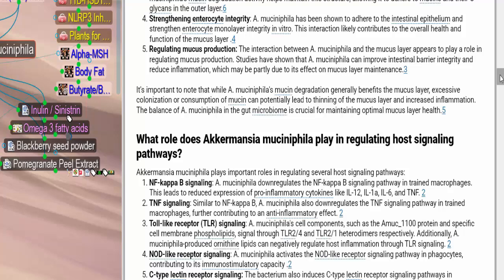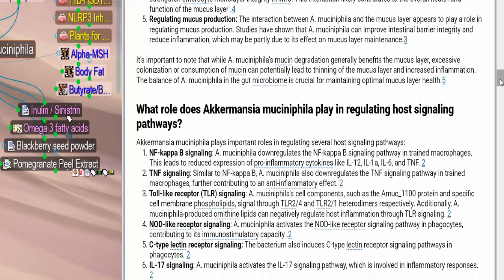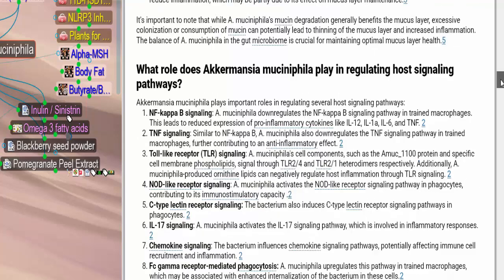It's important to note that while its mucin degradation generally benefits the mucus layer, excessive colonization or consumption of mucin can potentially lead to thinning of the mucus layer and increased inflammation. So we want to keep a balance. Now, I'm not going to go through this in the interest of our time together, but I want to show you.